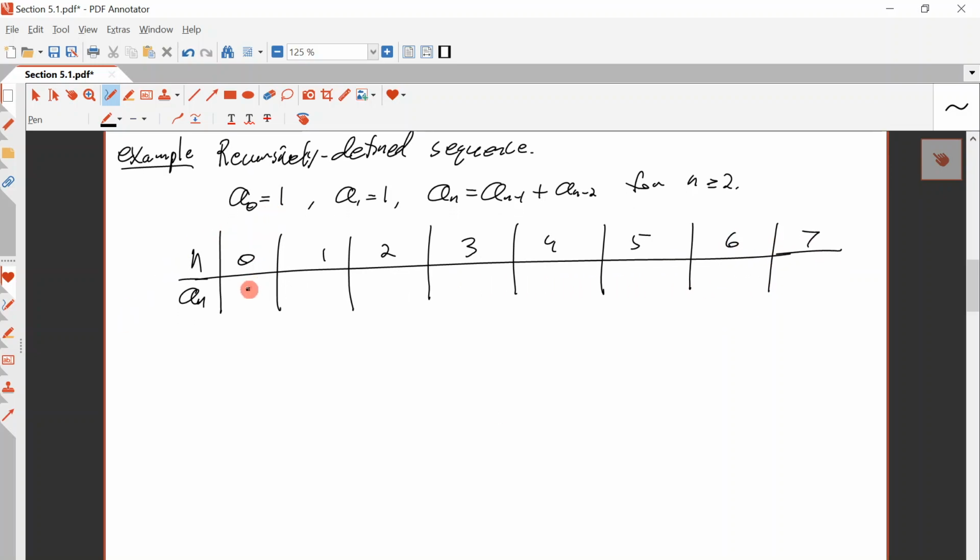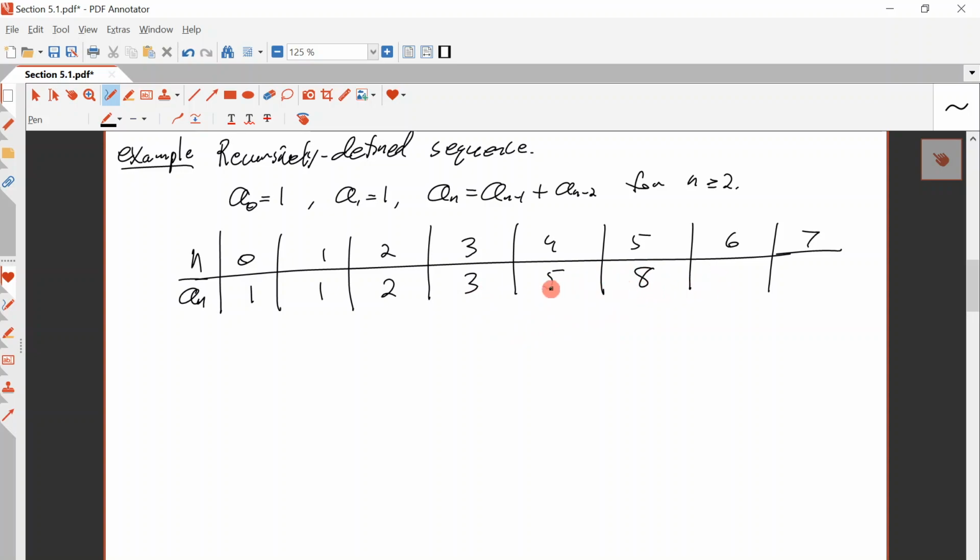A0 is 1. A1 is 1. A2 is A1 plus A0. So that's this plus this. A3 is A2 plus A1. So that's 3. A4 is A3 plus A2, 5. A5 is A4 plus A3, 8.